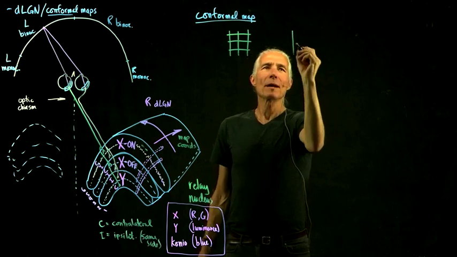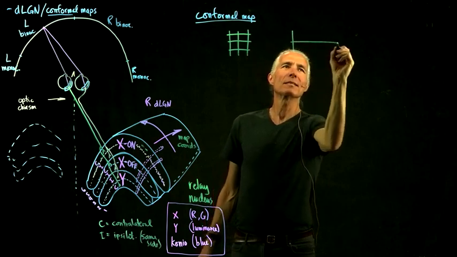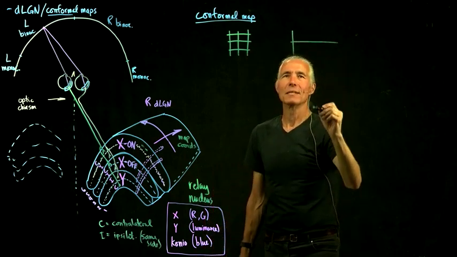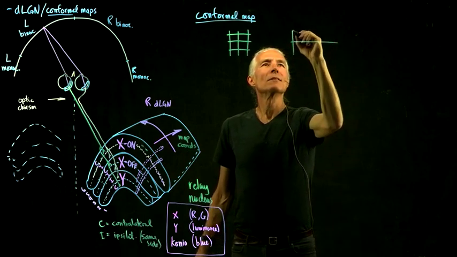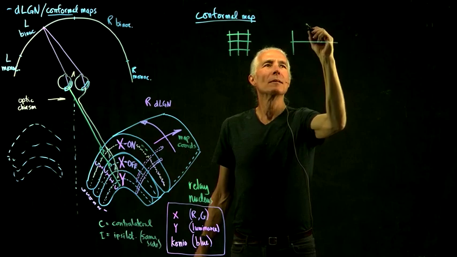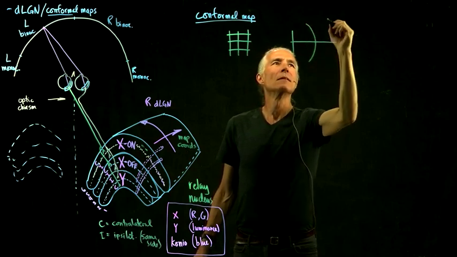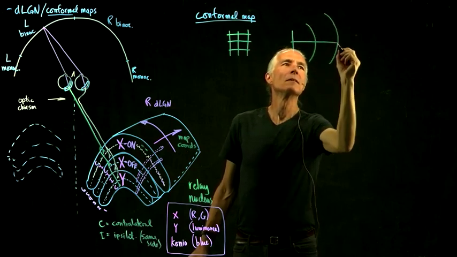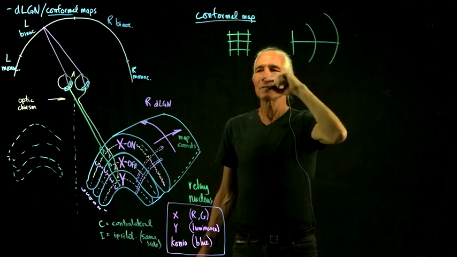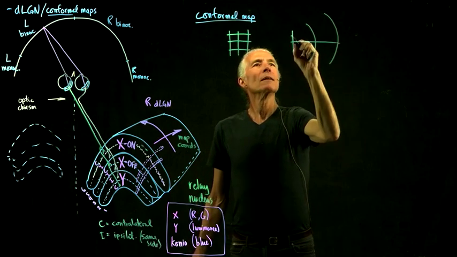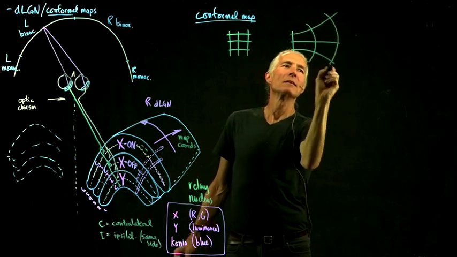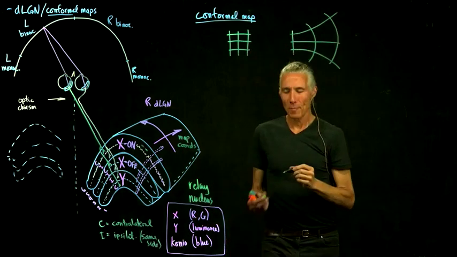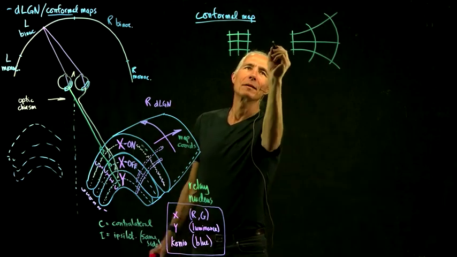The conformal map doesn't have to keep things the same size. That's one of the first things. So that's an example of an approximately conformal map.